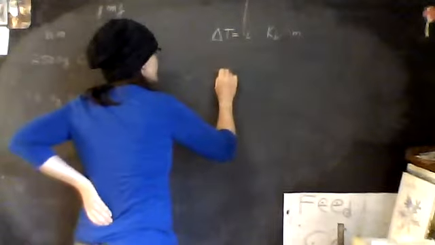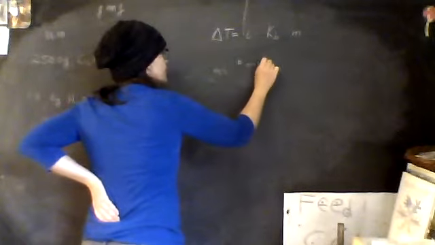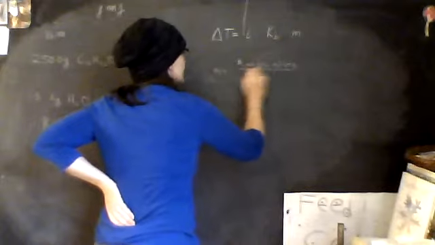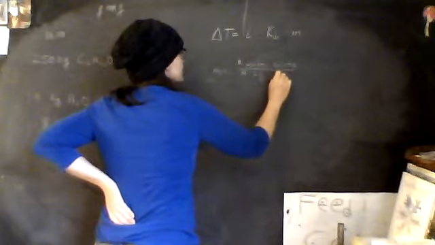In order to find molality, we need the number of moles of solute divided by the number of kilograms of solvent. We know how many grams of the solute we have, so let's figure out how many moles of that we have.